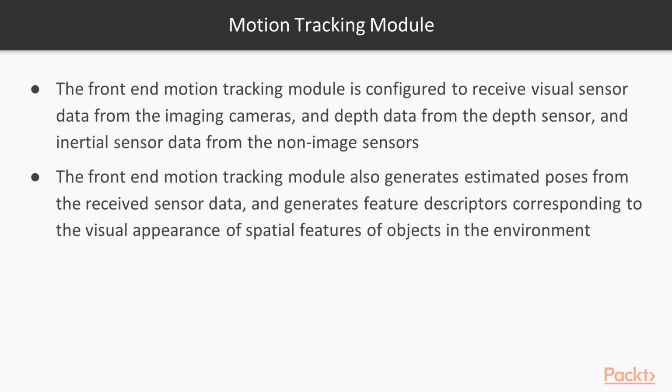The front-end motion tracking module also generates estimated poses, which is position and orientations from the received sensor data, and generates feature descriptors corresponding to the visual appearance of spatial features of objects in the environment. So just to paraphrase, feature descriptors are things that find objects in the environment that is being captured by the camera and allow you to recognize them as distinct features.